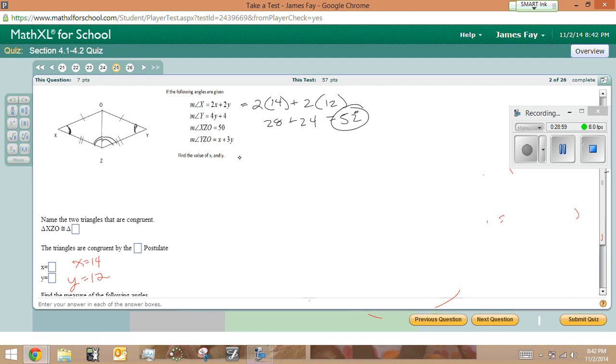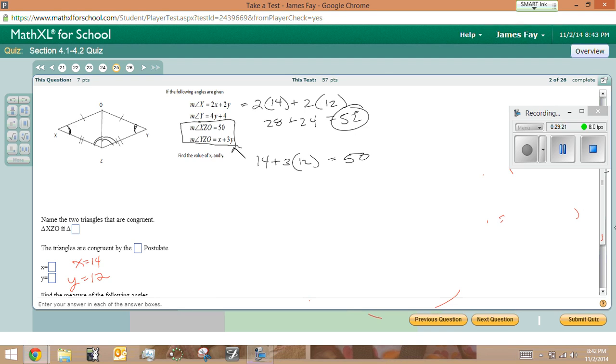YZO is going to be x, which was 14, plus 3 times 12, which is 36. So 14 plus 36 is 50. And that should make sense because YZO and XZO are congruent.